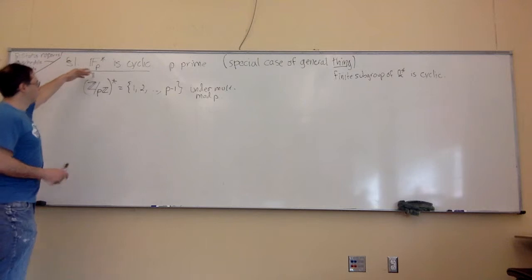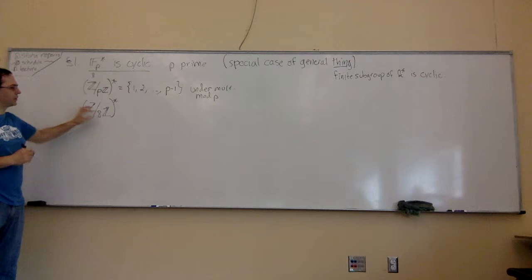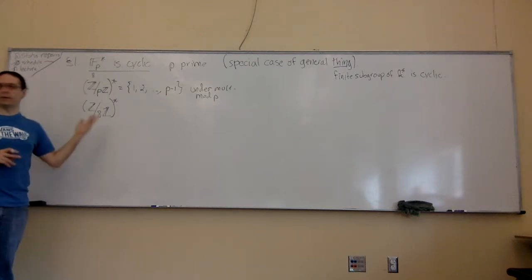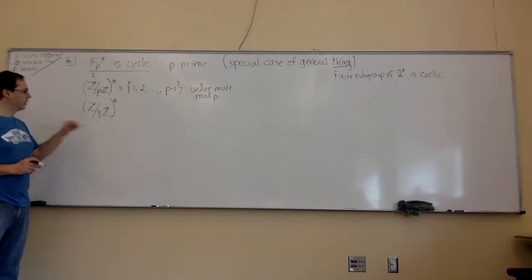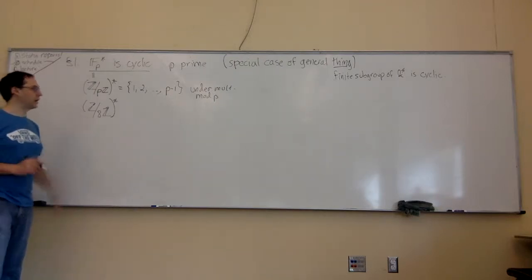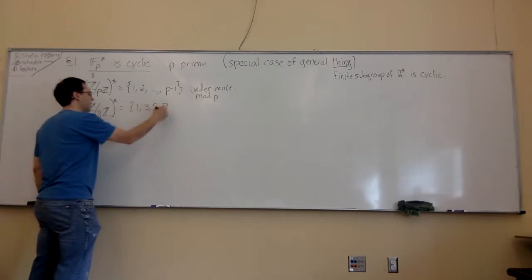By the way, the analog of this, if p isn't prime, let's take an example to see that. If you replace p being prime by something that's not prime, n, and put a star there, you get the numbers between 1 and n minus 1 that are coprime to n. In this case, the numbers are 1, 3, 5, and 7.